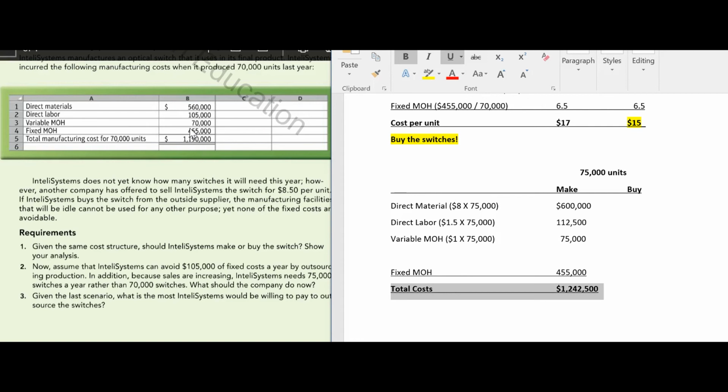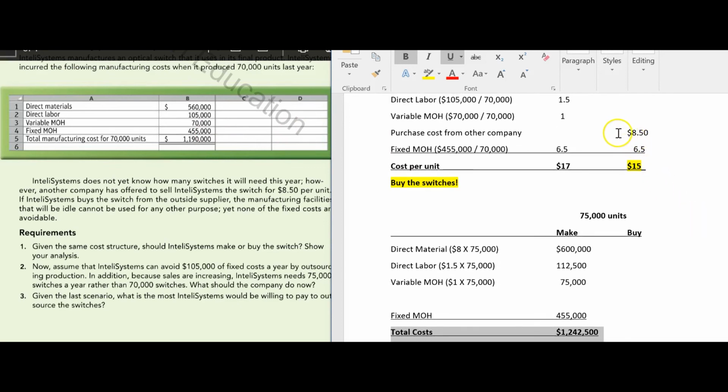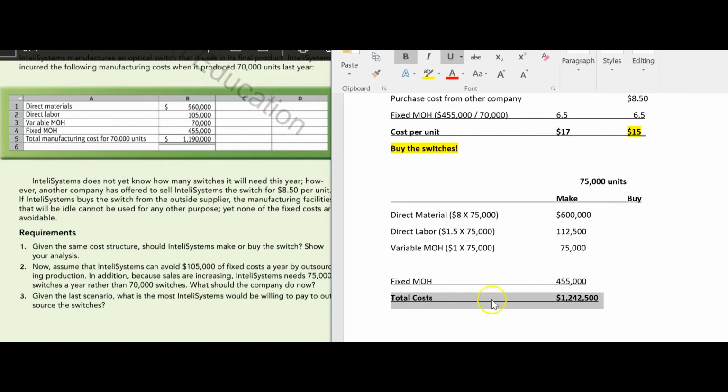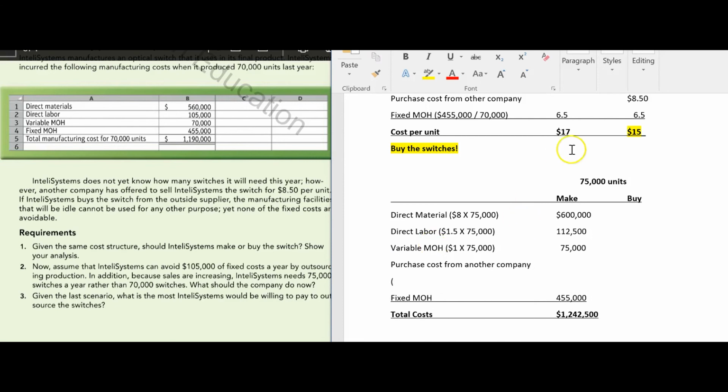Now, how about if they buy the switches? If they buy the switches, they have to pay $8.50 for one switch, right? So the purchase cost from another company will be $8.50. That's the deal: the other company is offering $8.50 for each switch.